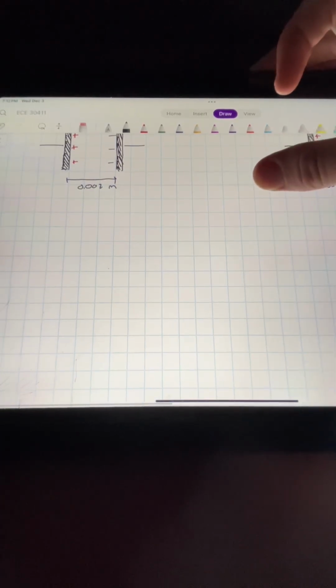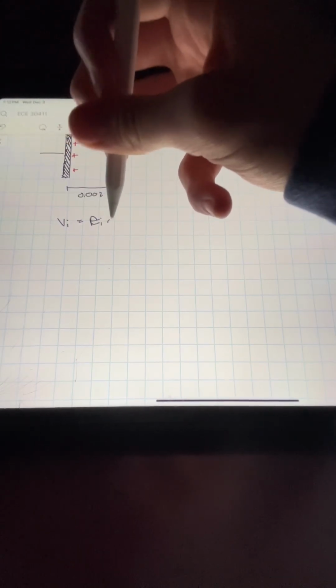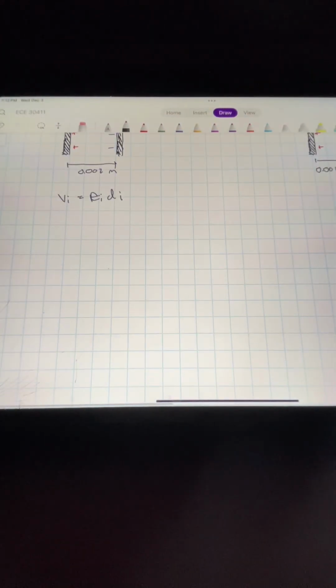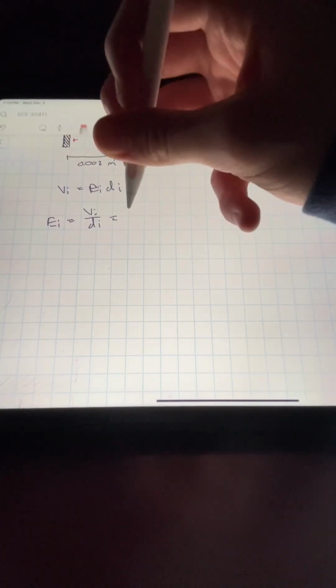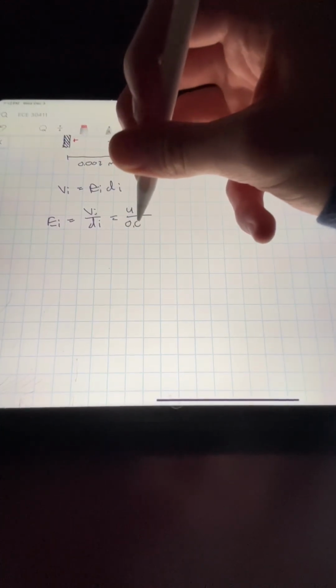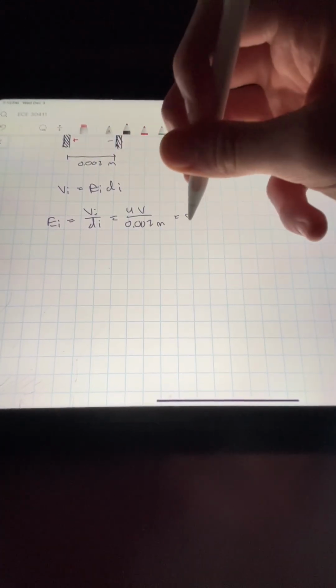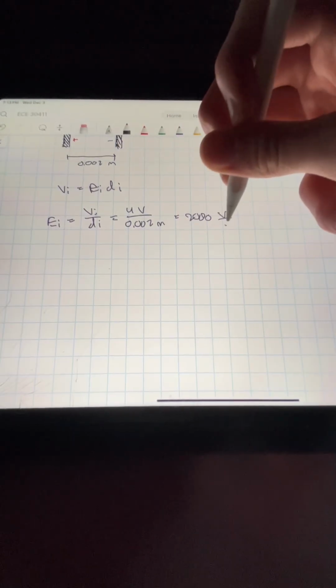So for parallel plates in free space, the field satisfies V equals E times D, with D being the plate separation. So we can find that our initial electric field equals V over D, which equals 4 volts over 0.002 meters, or 2,000 volts per meter.